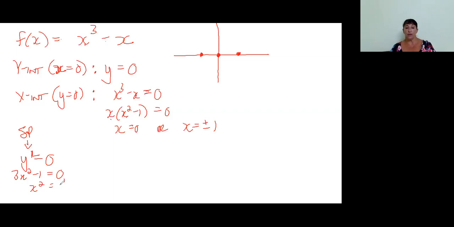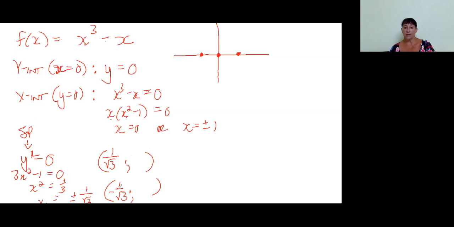X squared equals a third. So x will equal plus or minus 1 over root 3. It's the square root of 1 over 3, but the root of 1 is 1, and I can't root the 3. So that means I have 2 stationary points. One has an x of 1 over root 3. The other has an x of minus 1 over root 3.